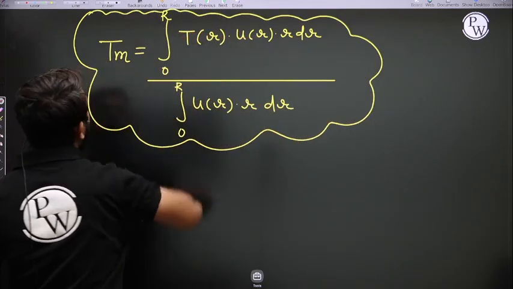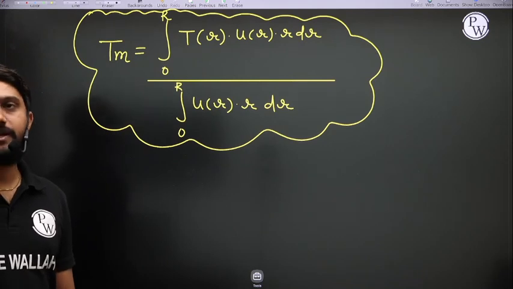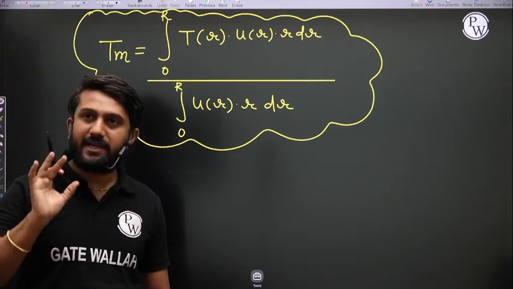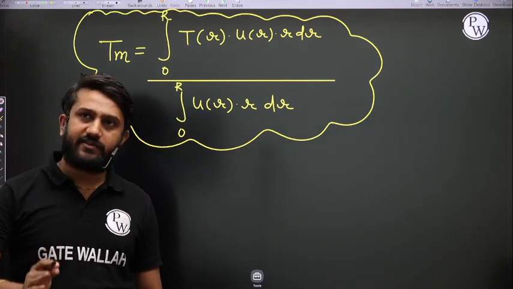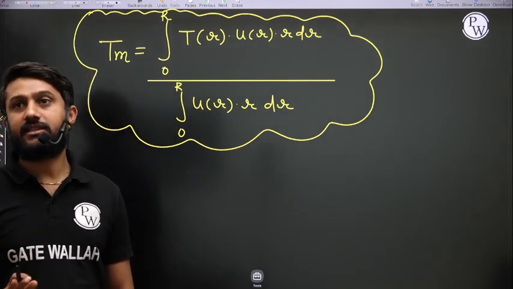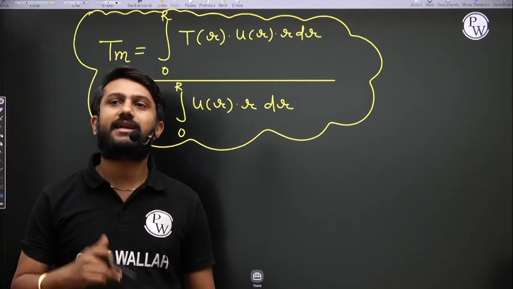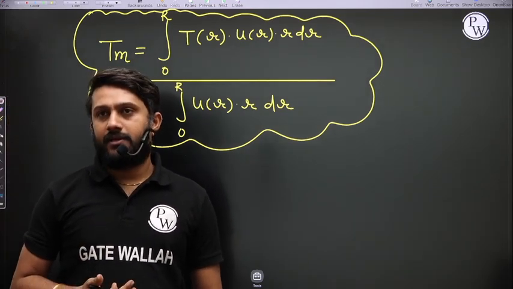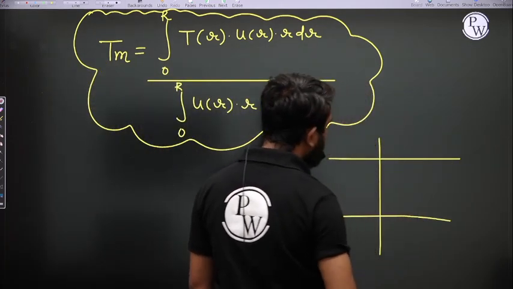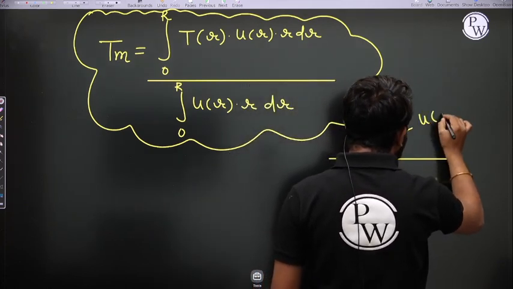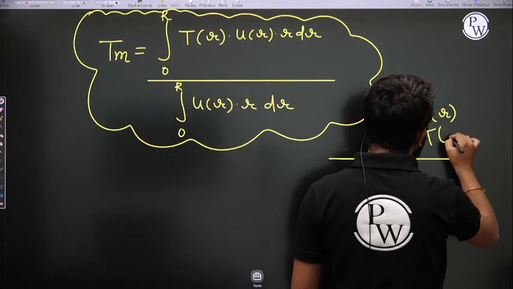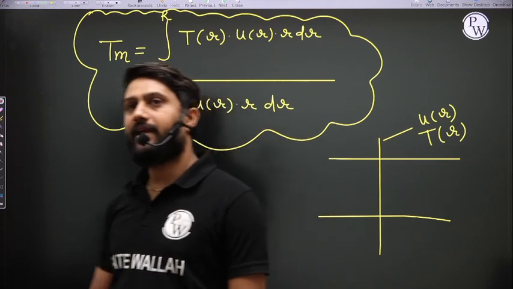So at any particular section, if you want to calculate the bulk mean temperature, you need to know the temperature variation and the velocity variation at that section. Then you are able to find the mean temperature at that section. If I know how the velocity varies with r and how the temperature varies with r at this section, then I am able to find the mean temperature.